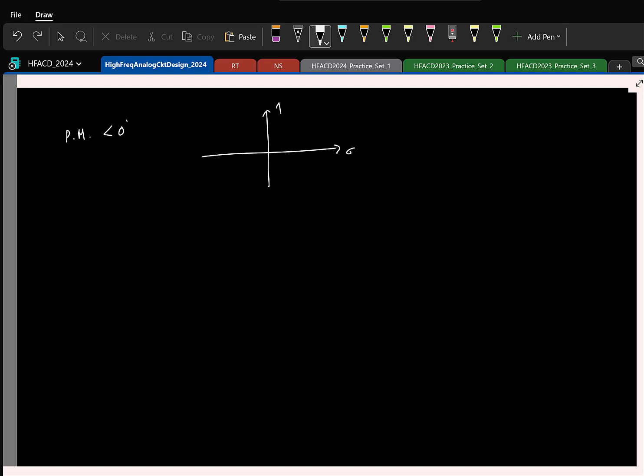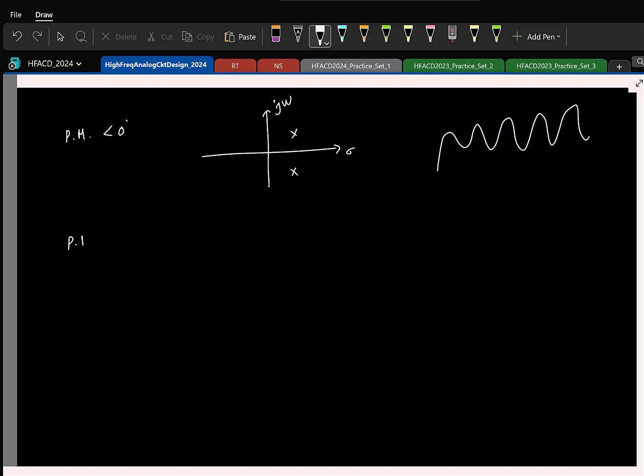Most likely in the right half of the S plane, somewhere like this. So if I sketch the step response, how might it look? It will be sinusoidal, but the envelope will keep increasing exponentially, right?